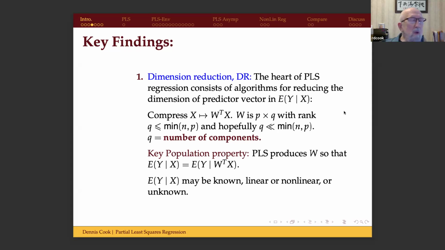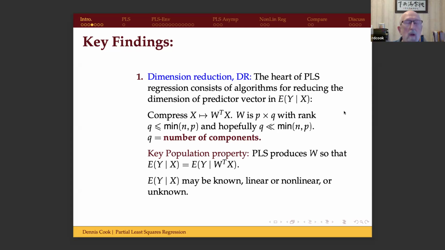Now, the conditional mean may be known in functional form. You may say it's exponential, or you might say, for example, it's just linear mean, so you're doing linear regression, or it could be unknown. In any of these cases, the algorithm that partial least squares produces gives you a nice dimension reduction. So imagine, for example, that your conditional mean is unknown. You have 100 predictors, and you manage to reduce it to 2 linear combinations.